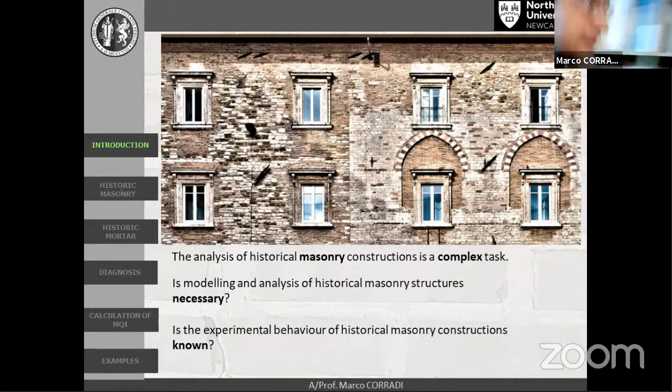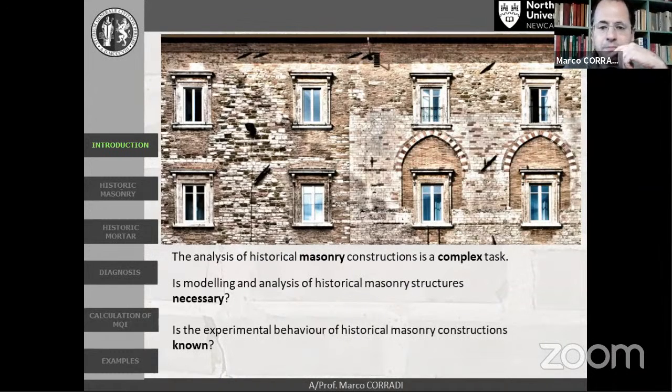Okay, so basically at the University of Perugia we have proposed a method for the structural assessment of historic masonry. When we talk about historic masonry, the mechanical properties can be much more scattered compared to any other construction material. Even if we consider concrete or timber, the scattering of the mechanical properties is lower.